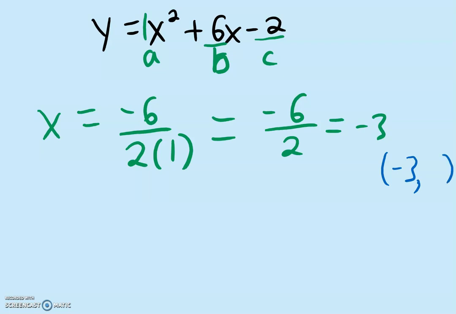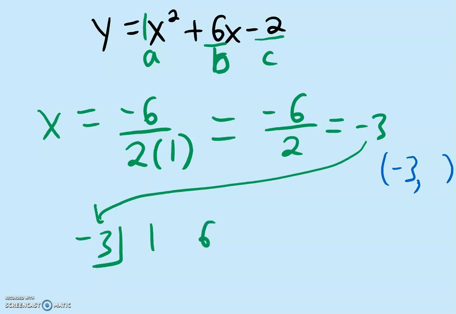To find the y-coordinate, I'm going to take the x value and plug it in. -3. And now we copy a, b, and c. 1, 6, -2. First step, copy down the 1. Then we multiply. -3 multiplied with 1 is -3. 6 minus 3 is 3.